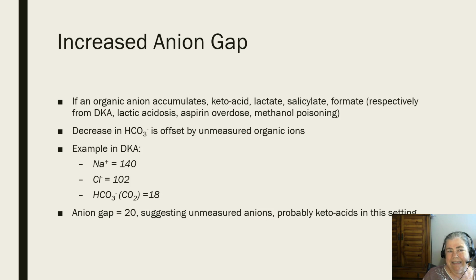Any of those excess organic anions accumulating will cause acidosis, but the organic anions that were paired with the hydrogen ions, the base side of the acid compound, the anion side of the acid compound, will first offset some of the decrease in bicarb.